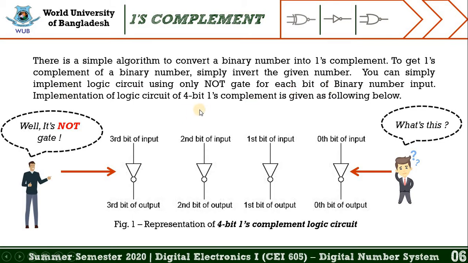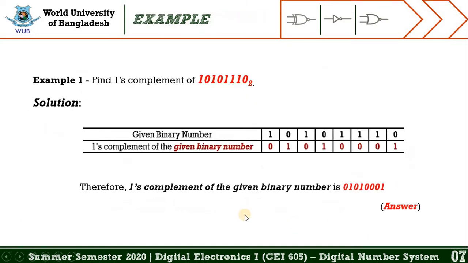Implementation of the logic circuit of 4-bit ones complement is given below. This figure is a representation of the 4-bit ones complement logic circuit, and this symbol represents the NOT gate. What a gate is and what a NOT gate is, you will learn in the next week. So let's move into the next slide.